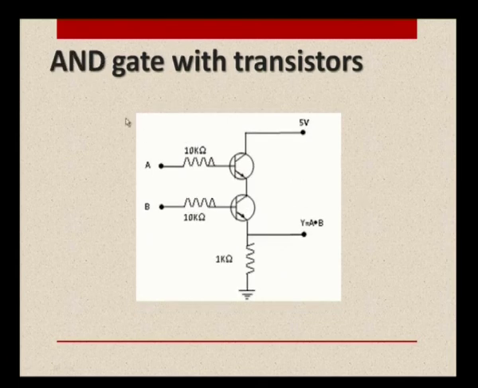In the same manner, the AND gate with transistors. This is how we have to use the circuits. I am not going to discuss the operations component by component because it is very well mentioned. The transistors could act as switches. So, that concept itself is enough.